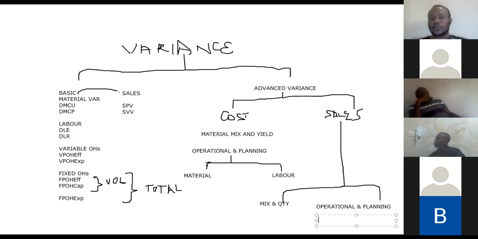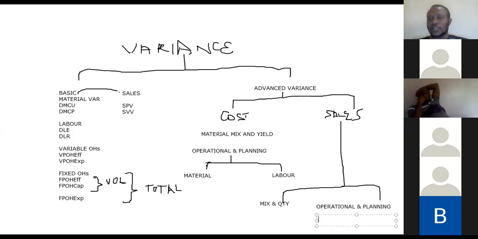This is multi-product for all the things we are talking about for advanced variances: either multi-input for the cost or multi-sales for the sales. Oh, so that's what makes it advanced. Multi-product. That's why it's advanced, because it's more than one. You will see that generally with basic variances, the first thing will be XYZ sells one product.